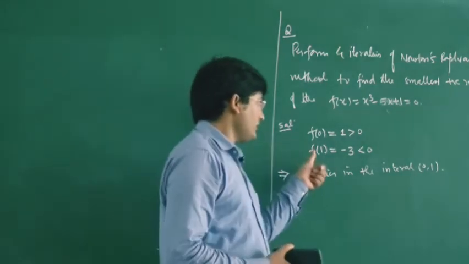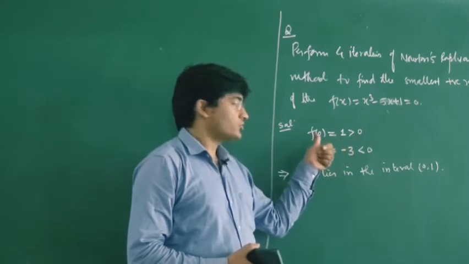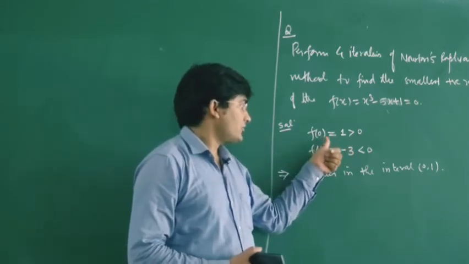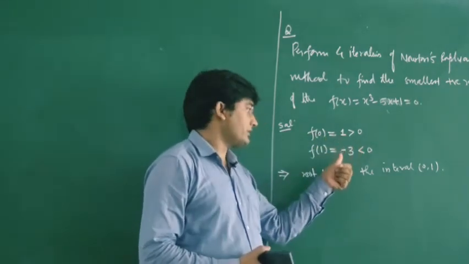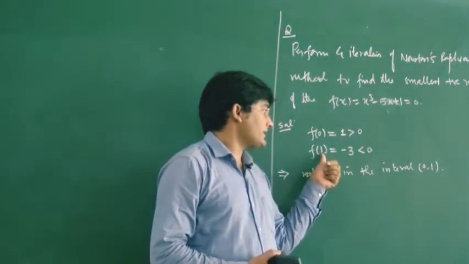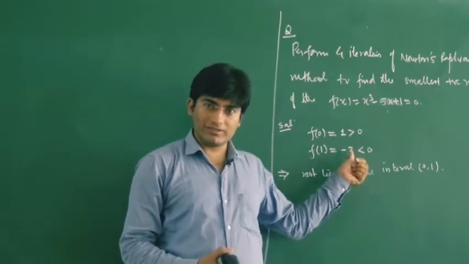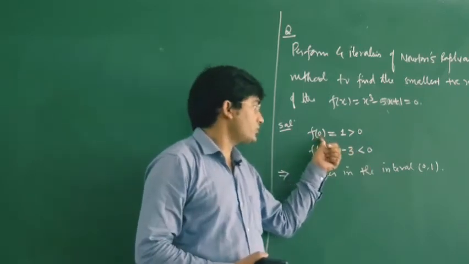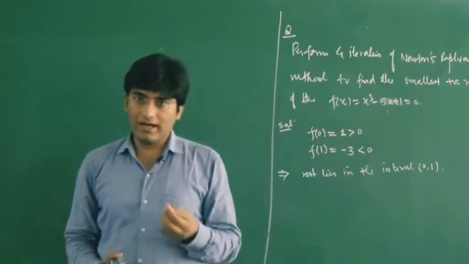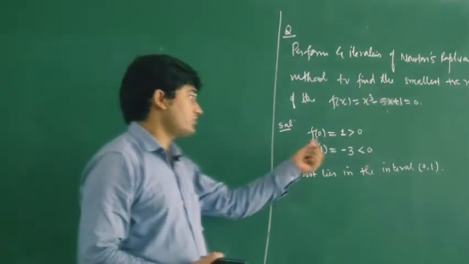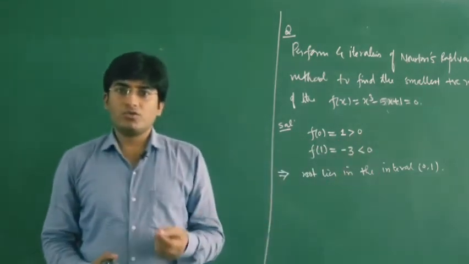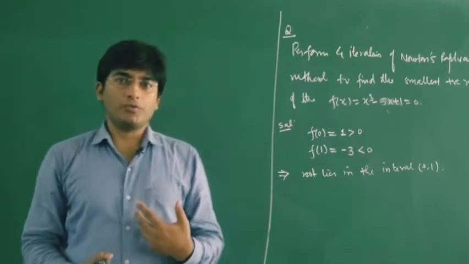Now we have to guess the initial approximation, that means x0. As you can see, our root is near 0 because at 0 the absolute value of the function is smaller than at x equal to 1. At x equal to 1 the numerical value is 3, and at x equal to 0 it is 1. So we can assume x0 as 0.3, 0.4.